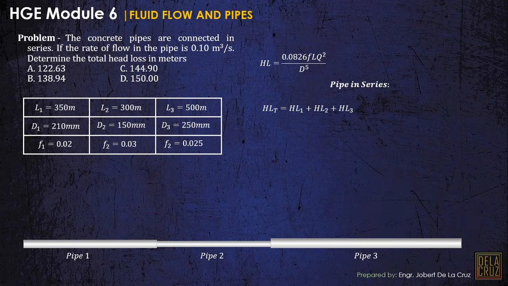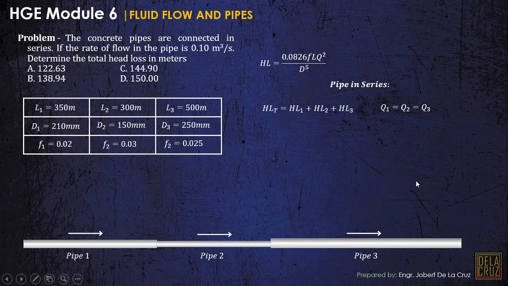And also, the discharge at any pipe must be equal to the discharge at all pipes. Why are they all equal? Because whatever water enters here is what comes out at a specific period of time. This is the continuity equation. Whatever enters here enters there, and the same enters pipe 3. I hope this is clear. These principles are easy to understand.